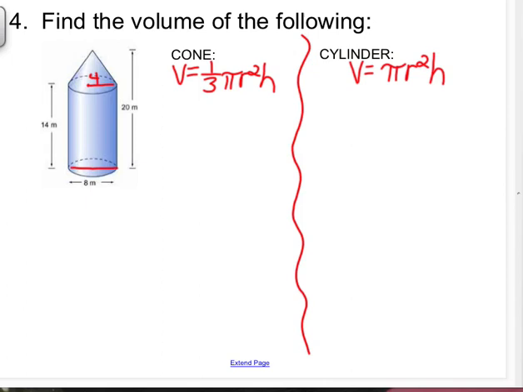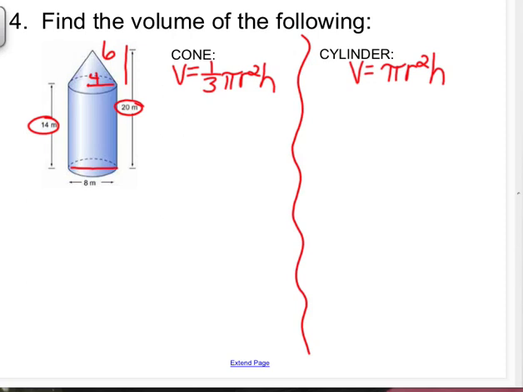Good. How about the height of the cone? Well, the height of the entire design is 20, and the height of the cylinder is 14. So if the whole thing altogether is 20 and the cylinder is 14, that must mean that the height of the cone right up here is 6. Okay, great. So there are my measurements for the cone. Let's plug my numbers in and do the math.